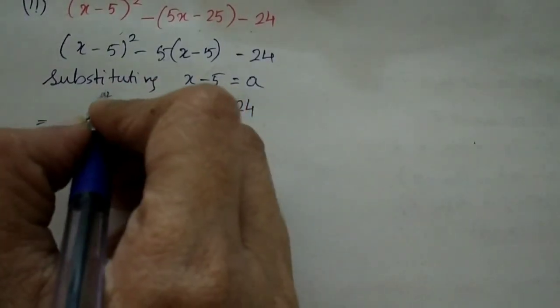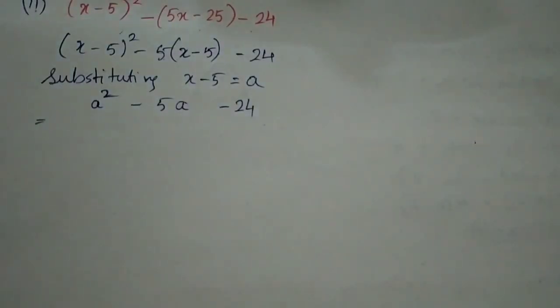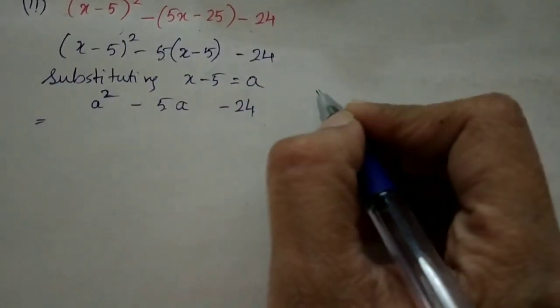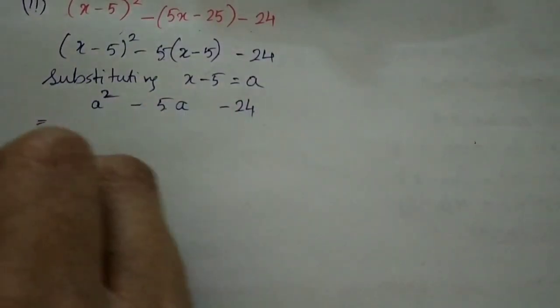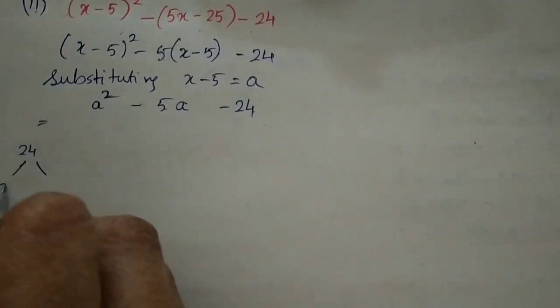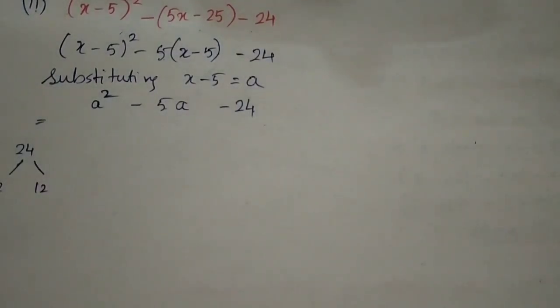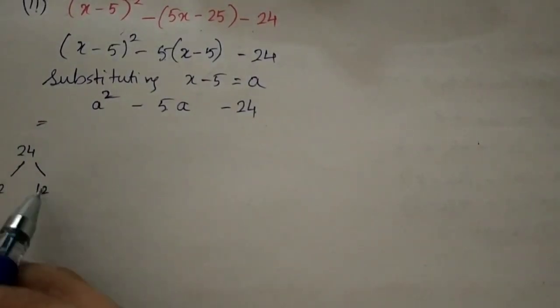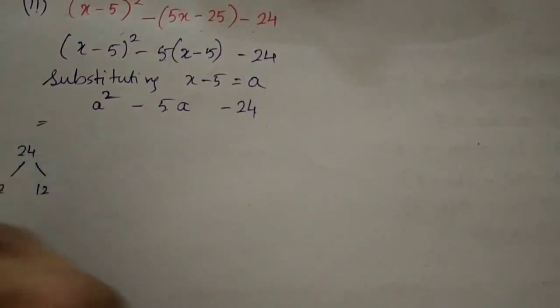This is our equation. Okay, now we want two such numbers whose product should be 24 and sum should be 5. Let us start. So if this is 24, let me write it here, 24. Okay, so first pair will be 2 12s are 24. Yes, but 2 plus 12 will not give me 5, right?